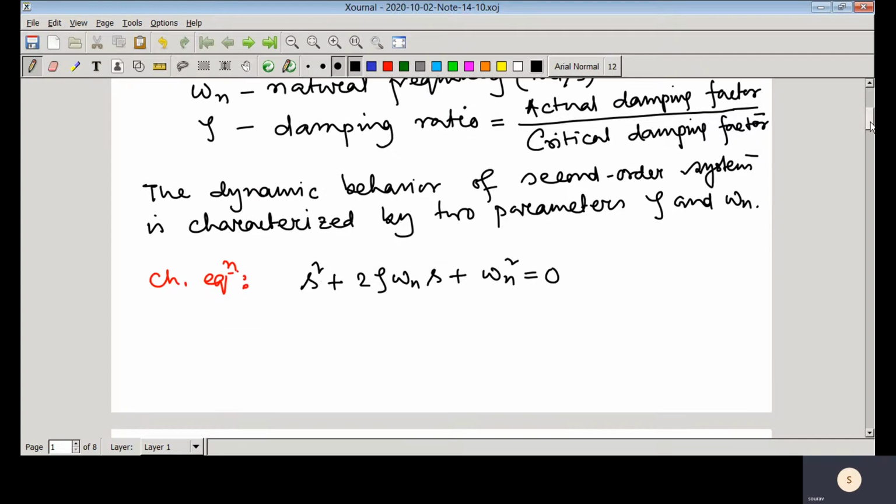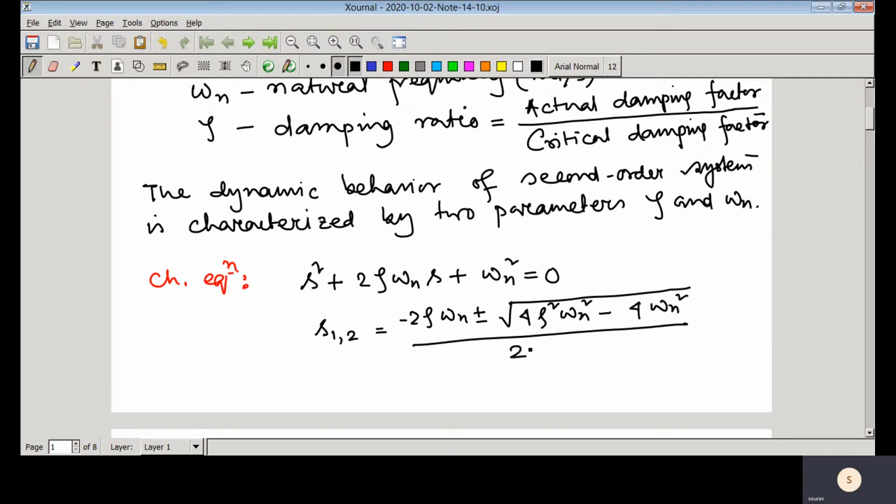So what are the poles of that system? So the poles are, that is minus b plus minus root over 4 zeta square omega n square minus 4 omega n square by 2.